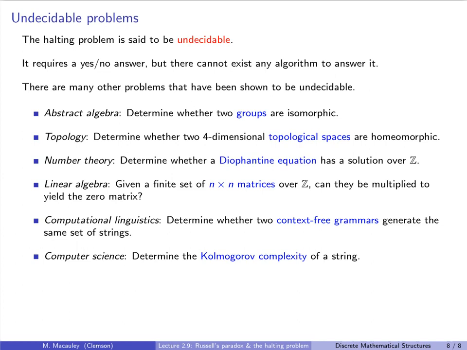And then our last one, coming full circle to the field of computer science again, is determine the Kolmogorov complexity of a string. This also has a complicated definition, but what you should think of is how much information you need to store a string. Like if you were going to run WinZip on a string, how much space would it need?